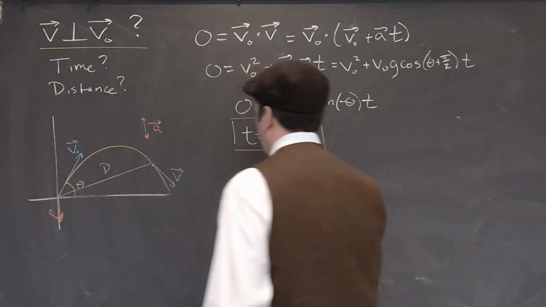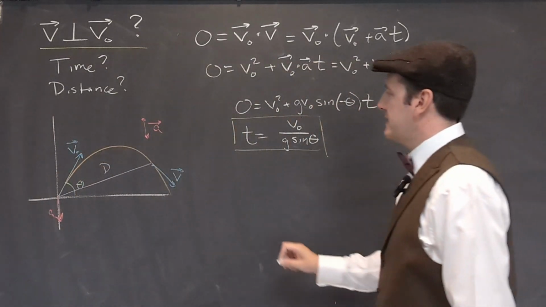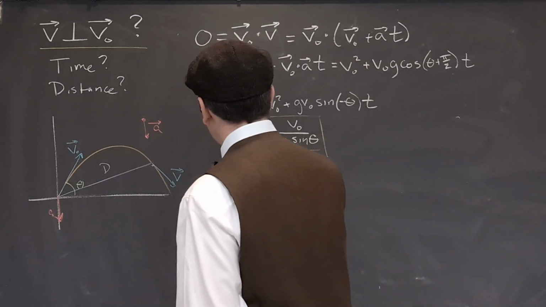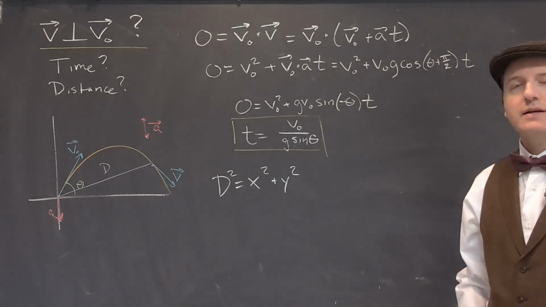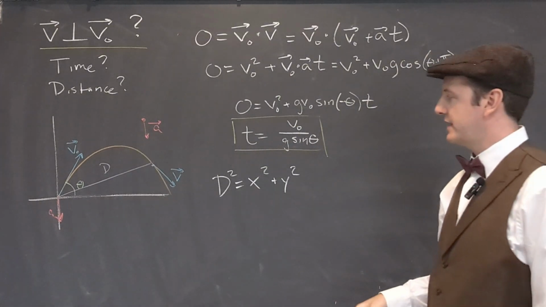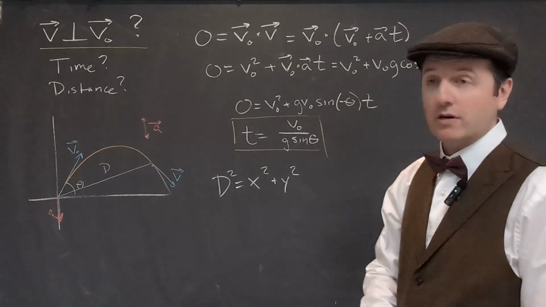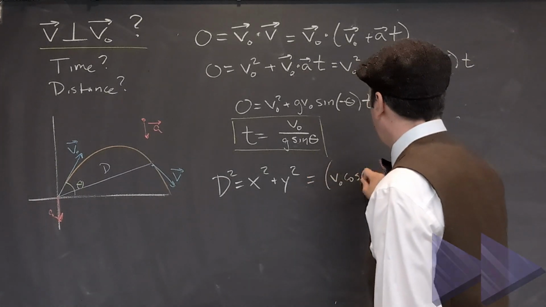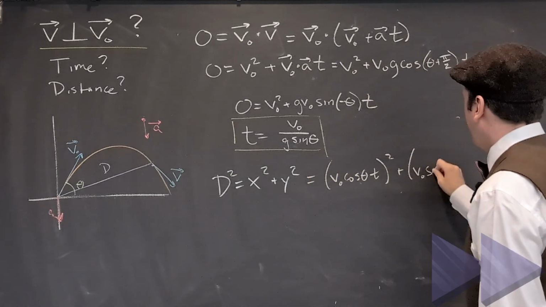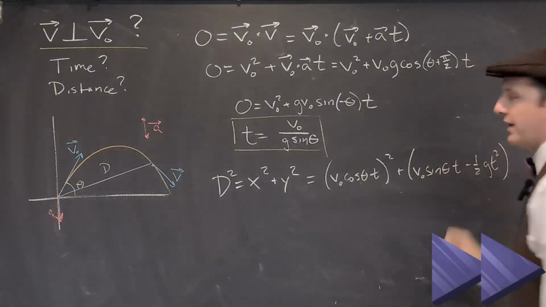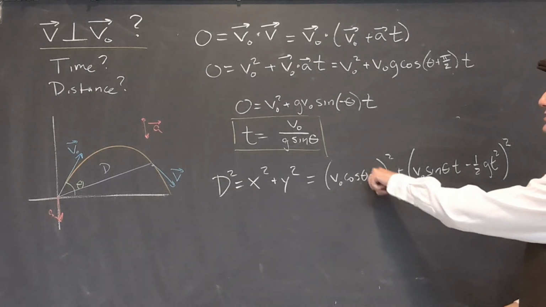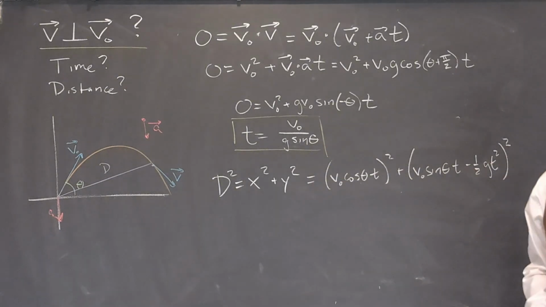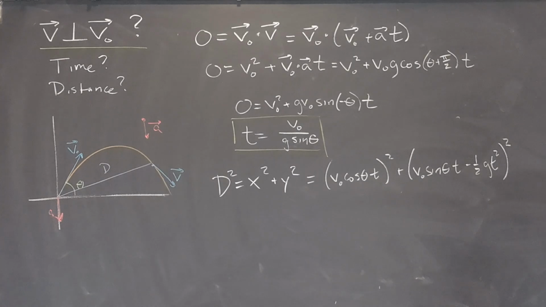All right, well, Pythagoras will give us that. D squared will be x squared plus y squared, x and y being the components of the position of the projectile. And we know those from kinematics also. The t that we just got is what we're going to plug into both of these because that is the time when these are orthogonal.